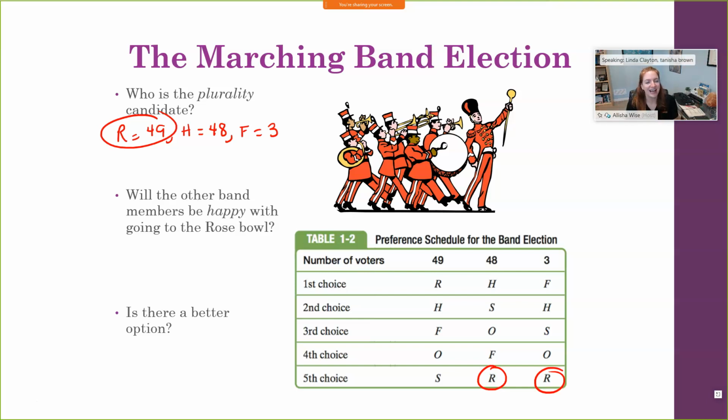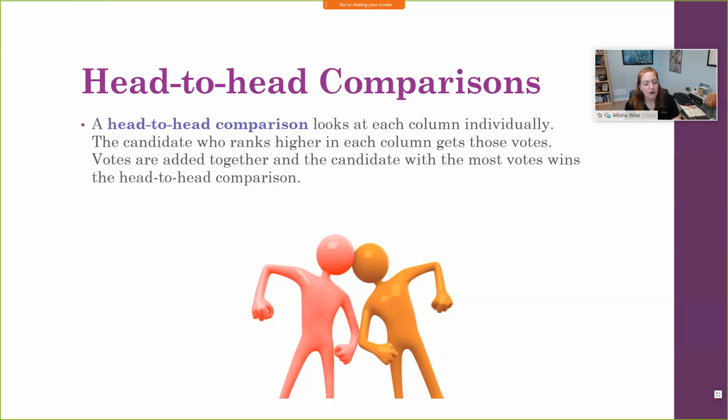Yeah, exactly. So the question is, is there a better option? Is there something else that we can choose to make everyone happy? Because you want to make sure everybody's kind of on the same page. You can't make everybody happy, but hey, we'll try. So the method we're going to use is called pairwise comparisons, which is basically comprised of head-to-head comparisons.